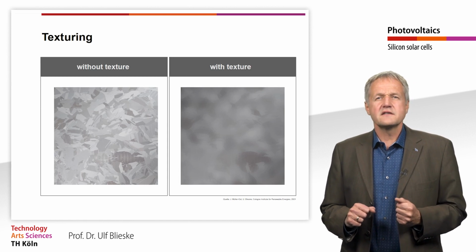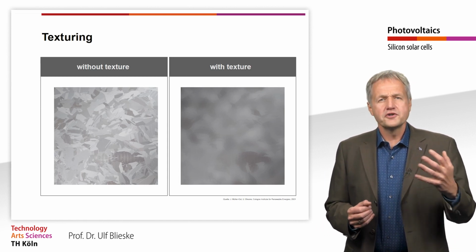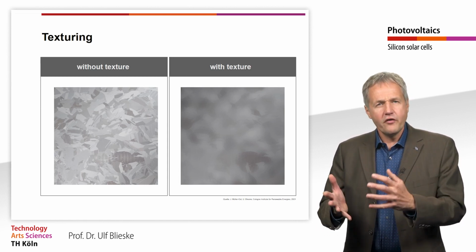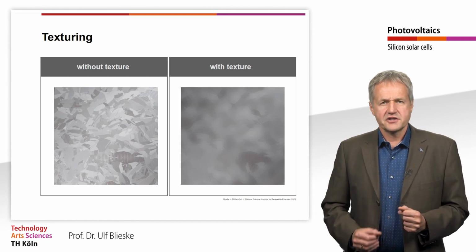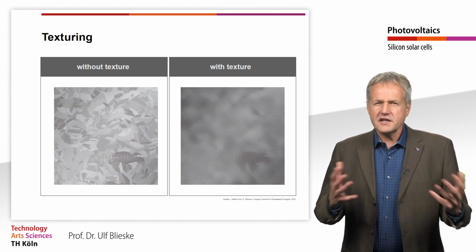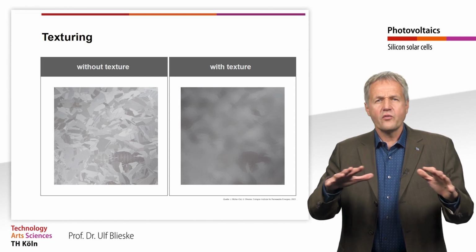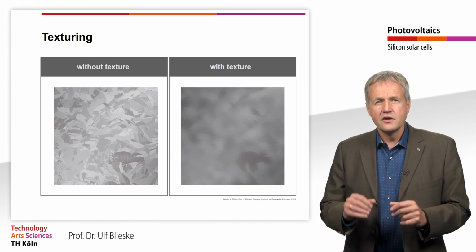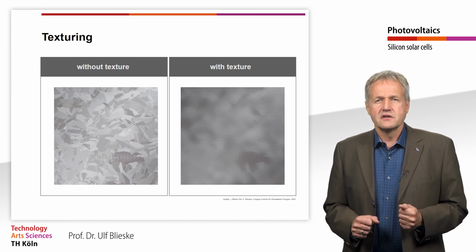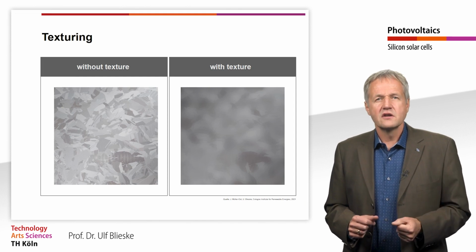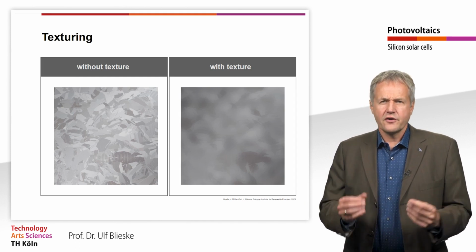Here you can see the example of a multicrystalline wafer before and after the texture. The texture makes the surface of the wafer appear darker due to the lower reflection. In addition, the wafer becomes duller.